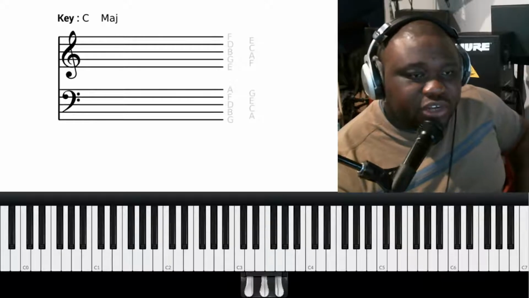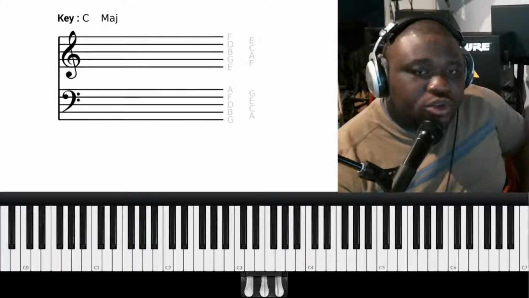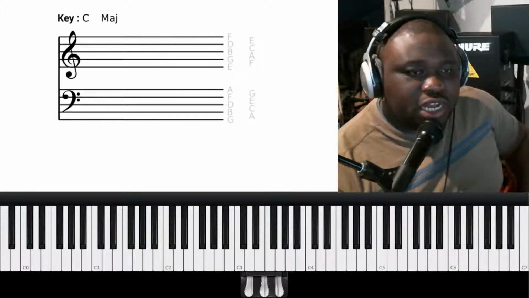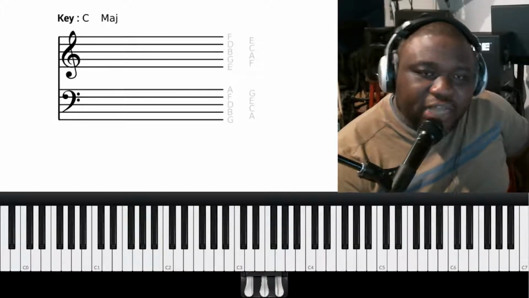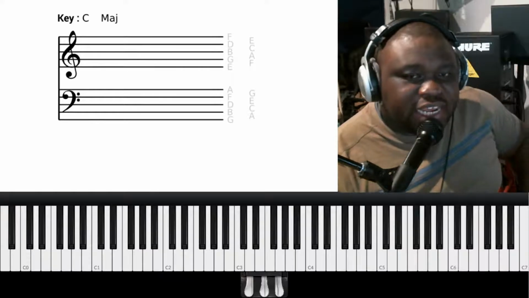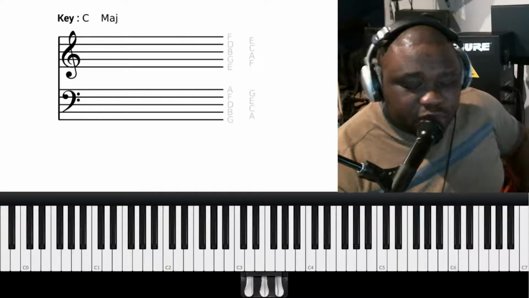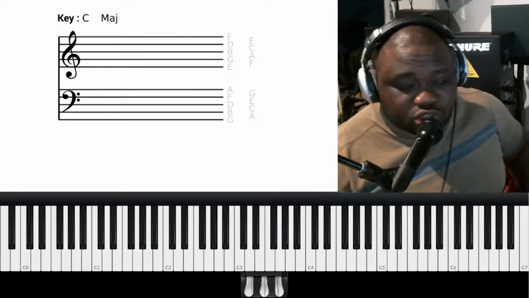Then after that we are going to talk about extensions. Those are the stuff that we see that looks something like a 9th or 11th or a 13th. What do I mean by that? I'm going to explain all this shortly, so don't worry.